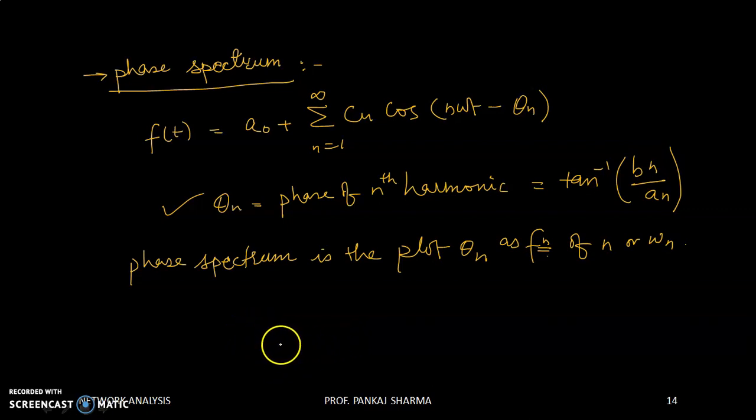It is drawn like this. This is your theta n, and this is your pi by 2. So it will be like this.